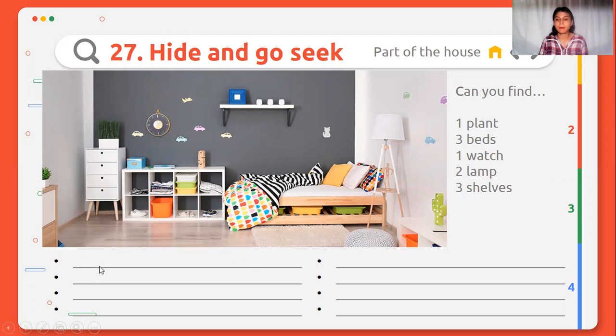And also they can add more information, for example, I found one lamp in the right part of the picture, and sentences like this.